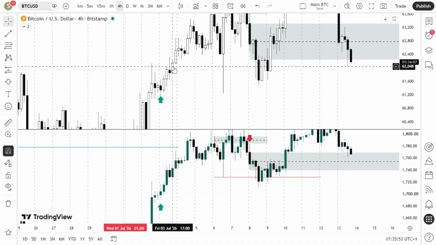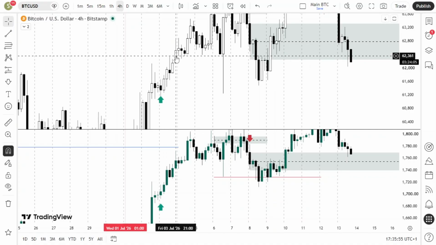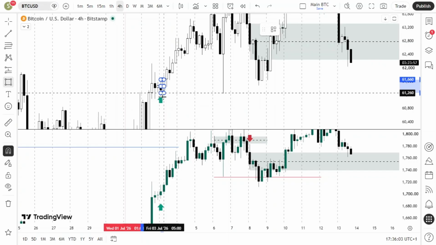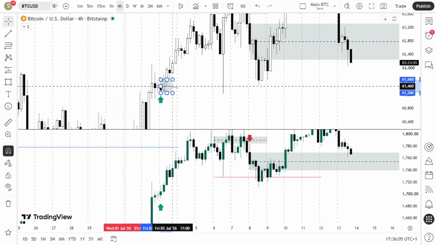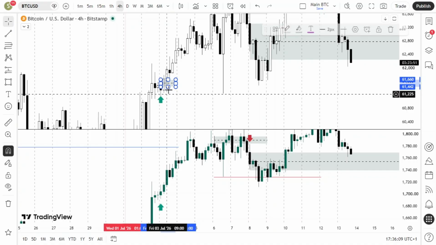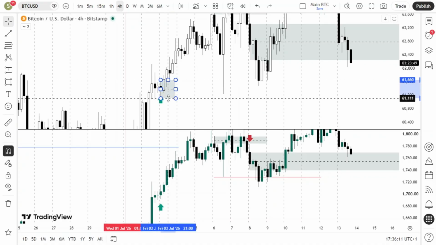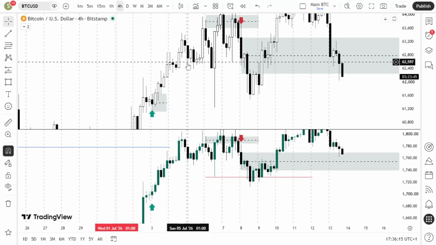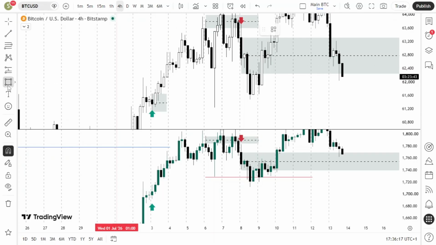Then we kept buying, created a new order block here, and then returned to it and kept buying. So let me just mark this 4-hour order block. Maybe I can use it to briefly touch on 1 hour before I close this video. So 4-hour order block, then we created a new 4-hour order block over here.